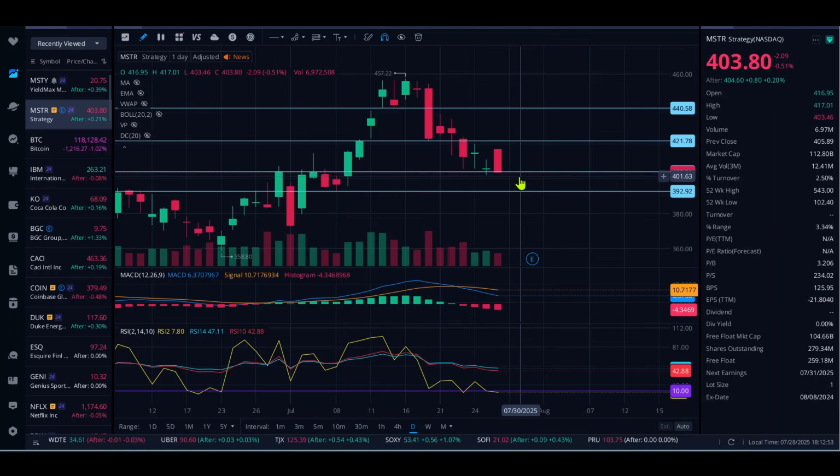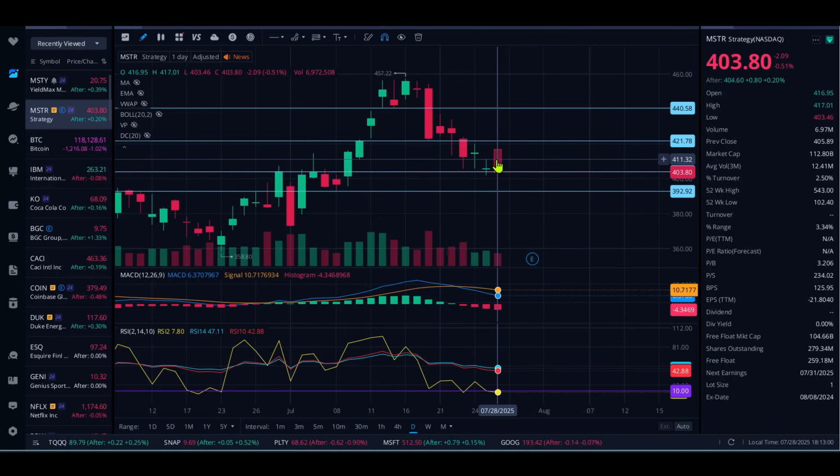And that support line being around that 404 area, it did open up at 416.95. And like I said, I thought this was a great sign and we were going to be moving back up, but man, it just went south, right? So it went from the 416.95 and it went as low as 403.46 before closing at 403.80.